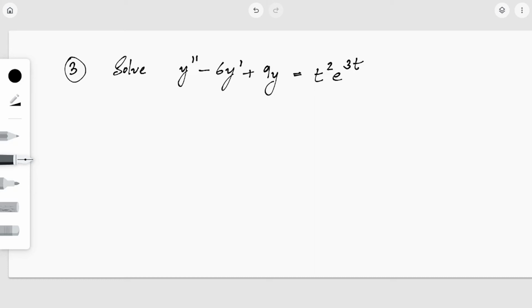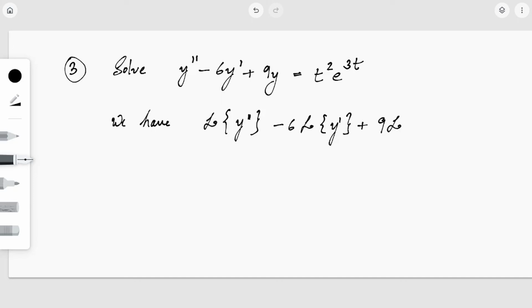So let's apply Laplace transform throughout. So we have, and we have to use the theorem, right? Laplace transform of y double dash minus 6 into Laplace transform of y dash plus 9 into Laplace transform of y is equal to the Laplace transform of t square into e raised to 3t.